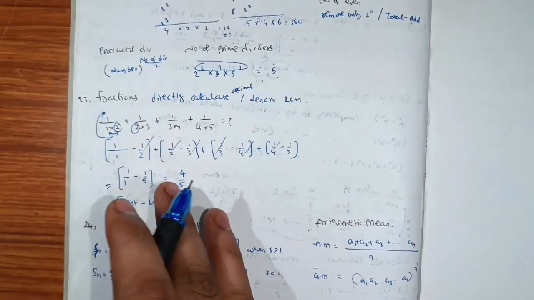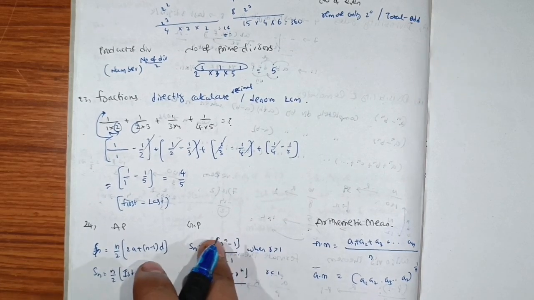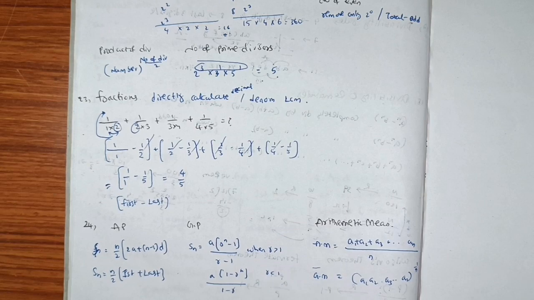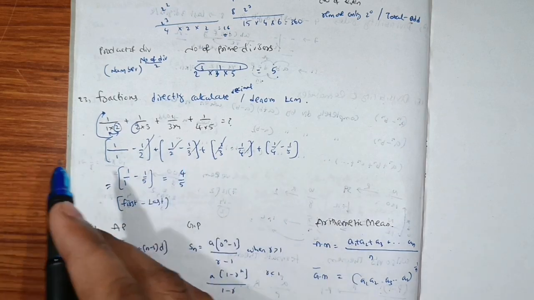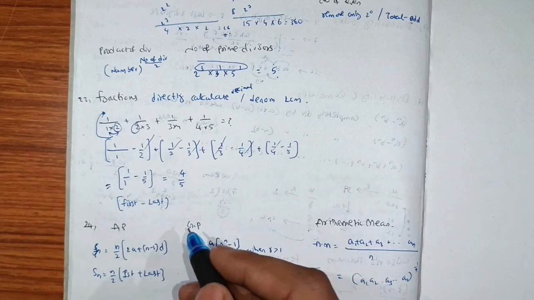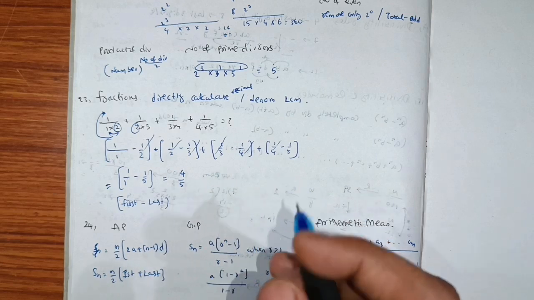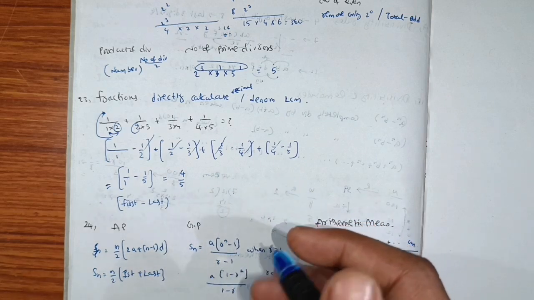After this, we have seen the topics arithmetic progression and geometric progression, and arithmetic and geometric mean. In an arithmetic progression, the difference between two terms is the same, and in a geometric progression, the multiple between two terms is the same.